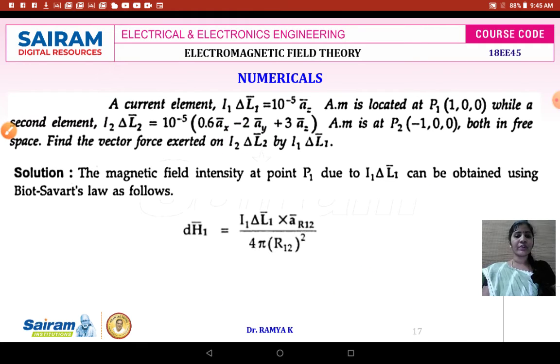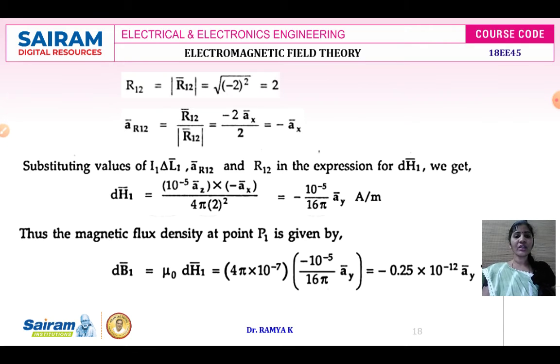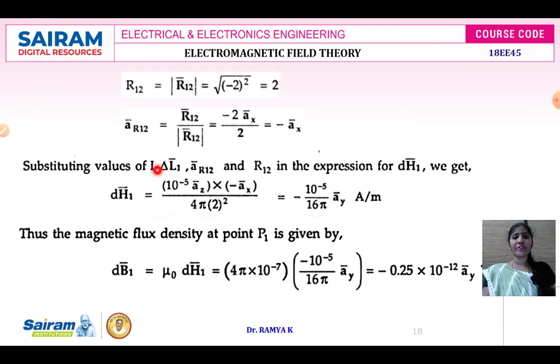Substituting here, we will get R12, that is the distance vector, as minus 2AX, and the unit vector whatever we have identified is minus AX vector. Substituting one over the other, we will get the value of the magnetic flux density as mu naught dH1.